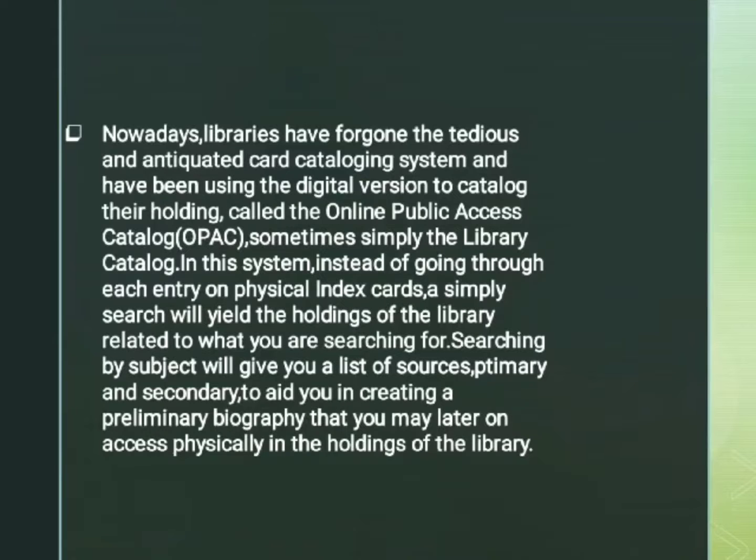In this system, instead of going through each entry on physical index cards, a search will yield the holdings of the library related to what you are searching for. Search by subject will give you a list of sources, primary and secondary, to aid you in creating a preliminary bibliography that you may later on access physically in the holdings of the library.